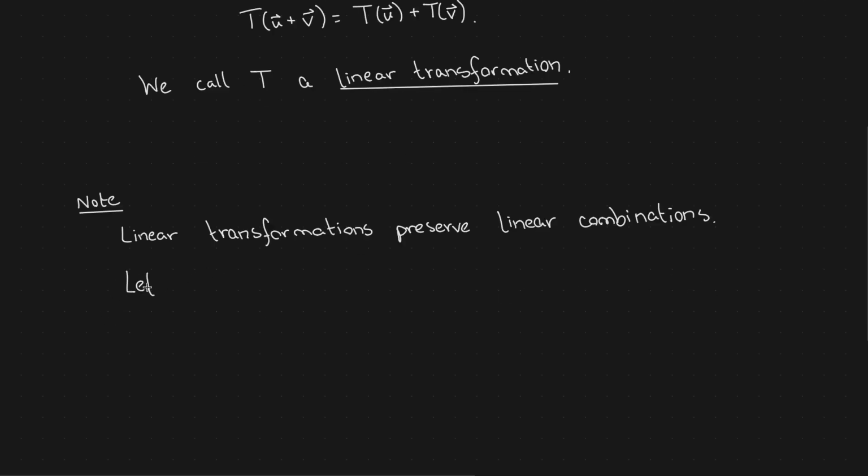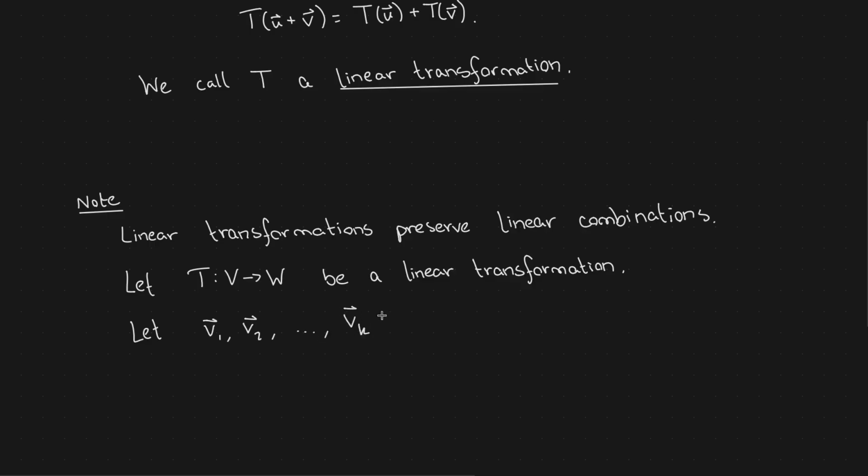So let's let T from a vector space V to a vector space W be a linear transformation. Let v1, v2, all the way to vk be vectors in my domain V. And let a1, a2 to ak be scalars.